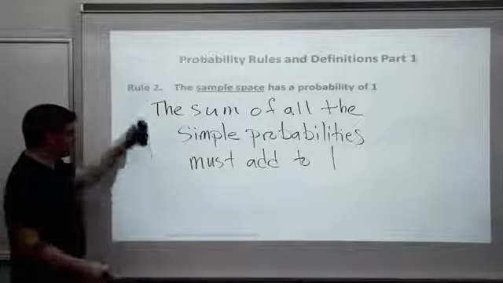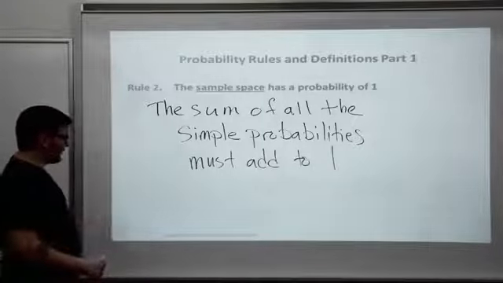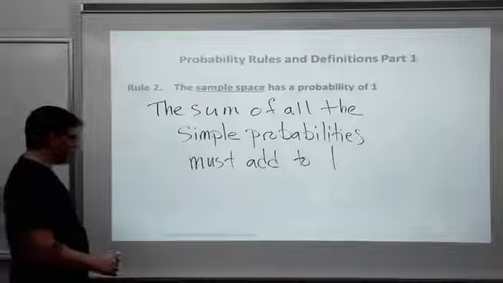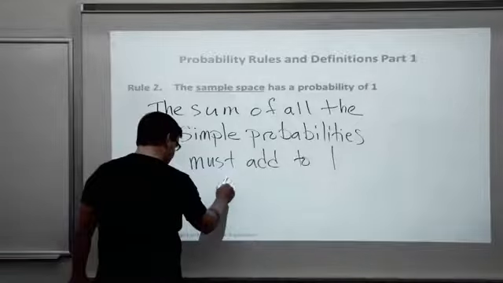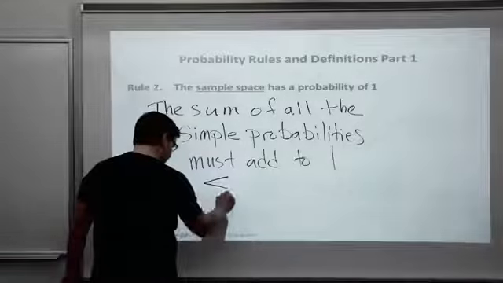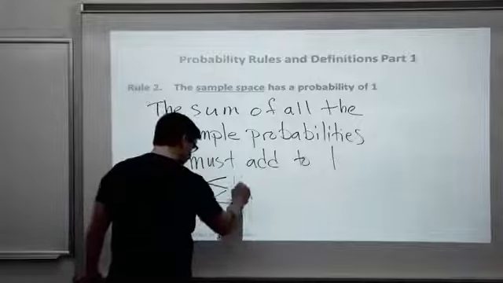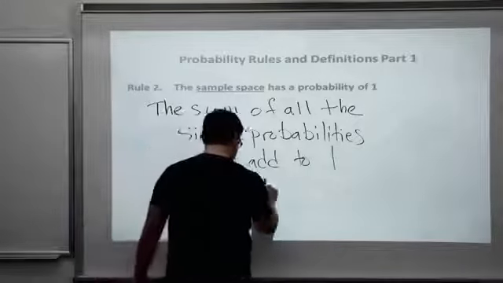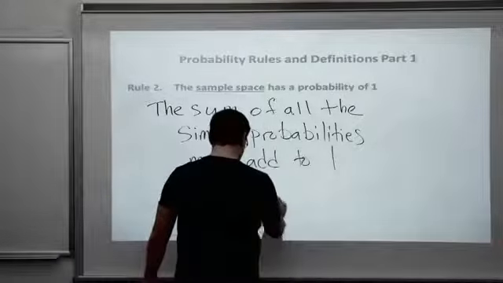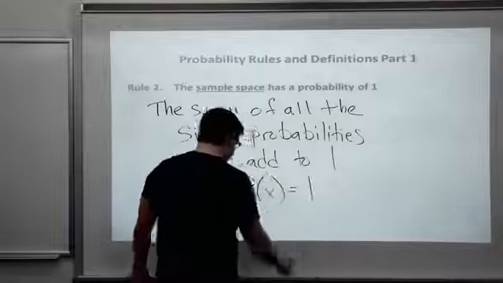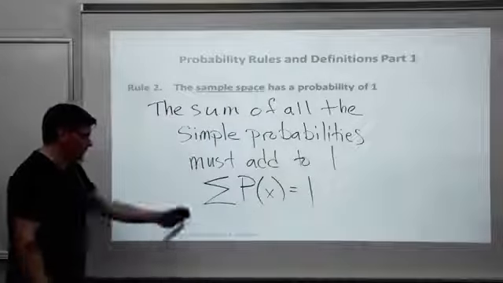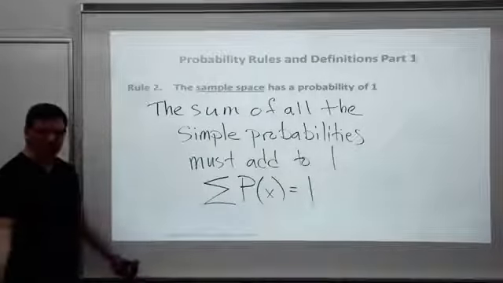That's sort of implied. The sum of all the simple probabilities must add to 1. Oh, if you like fancy notation, here's that summation symbol. If I sum up all the probabilities for a given probability experiment, it would add up to 1.